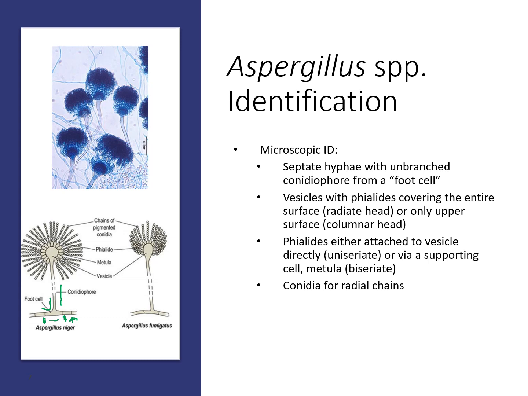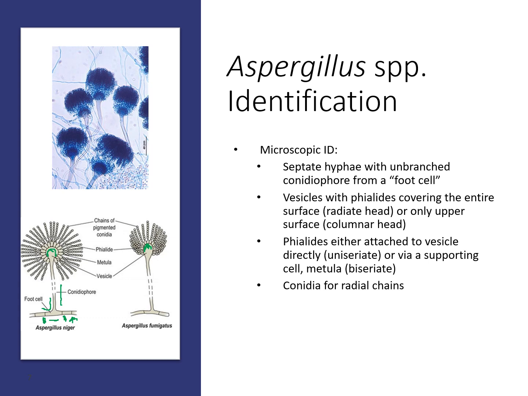Then the vesicle itself, this little radial type head up here at the top, is attached either through phialides that are attached directly to it. You can see in this image the phialides attached directly to it, like little finger projections coming off.